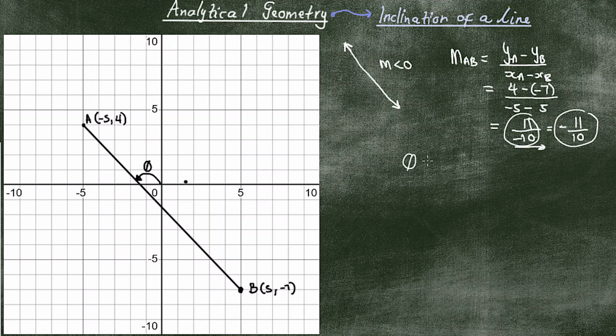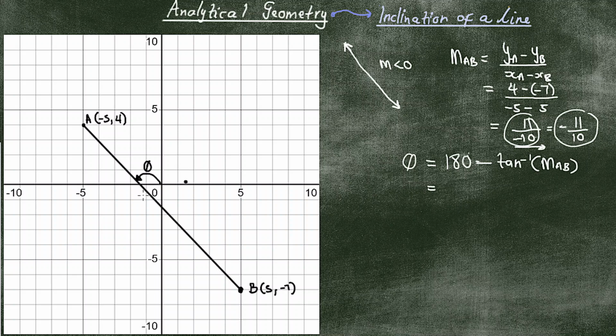So how do we calculate the angle of inclination here? We say theta is equal to 180 degrees minus arctan of the gradient. Now, why? Look at the angle of inclination for this line. Do you see that the angle is actually bigger than 90 degrees?